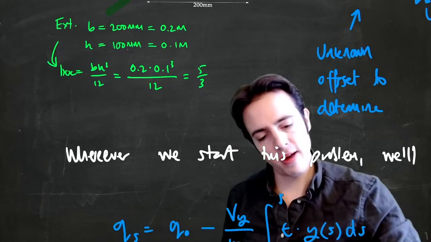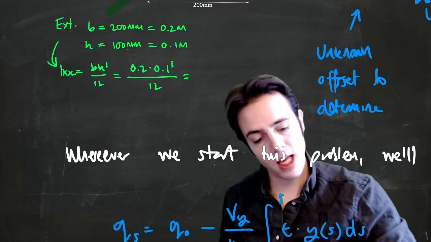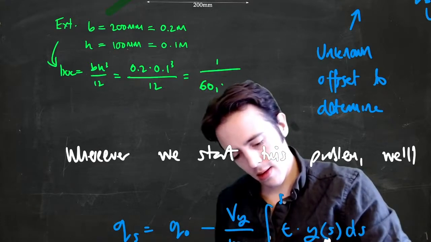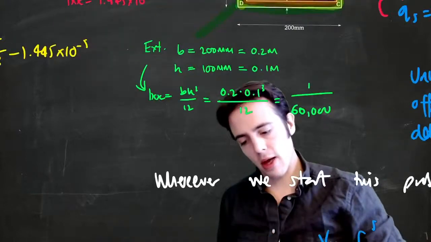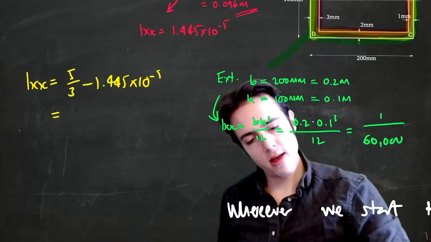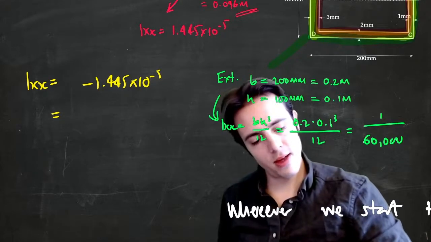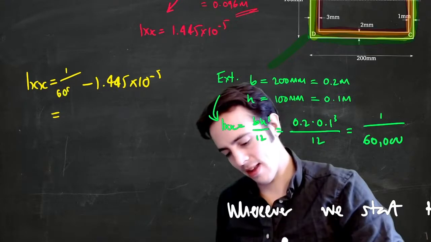So it's 1 divided by 60,000. That's my own stupid mistake there, and I'm going to keep it in. So that's 0.2 times, yeah, there we go. So that number here should be replaced. It shows you sometimes it's difficult to do this live because it's very difficult to recognize your own mistakes as we're going through.